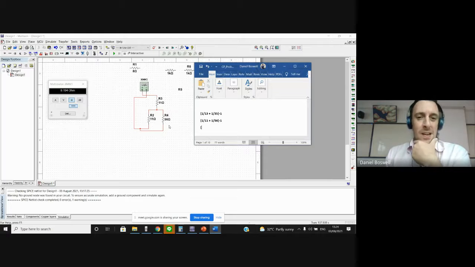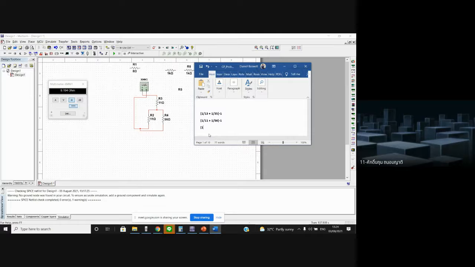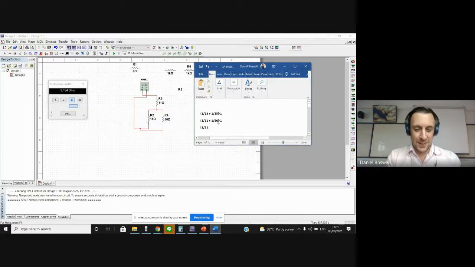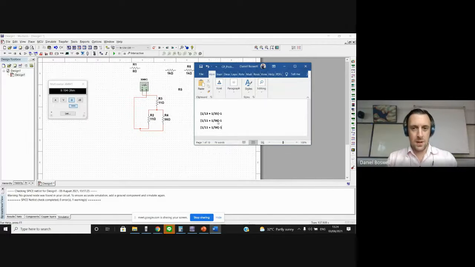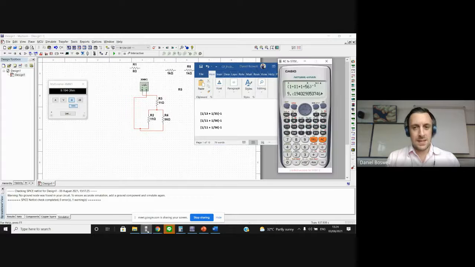Parallel resistance here. Anybody? 1 divided by 11. Good job. Plus 1 divided by 56. Good job. And then to the power of minus 1.